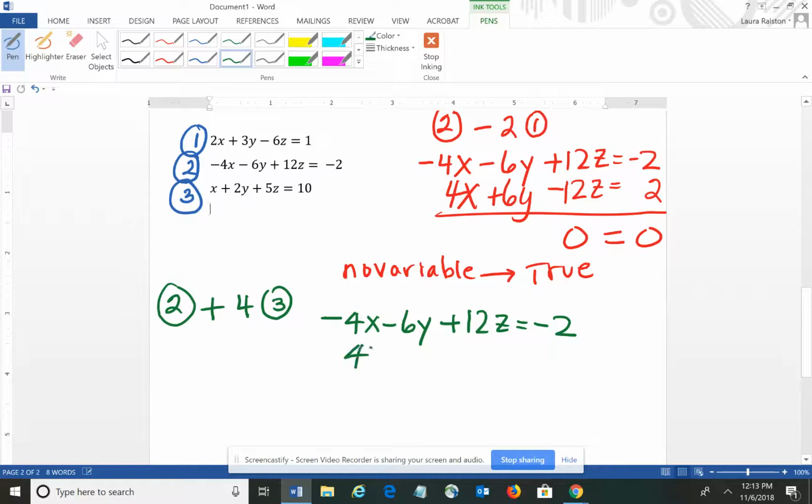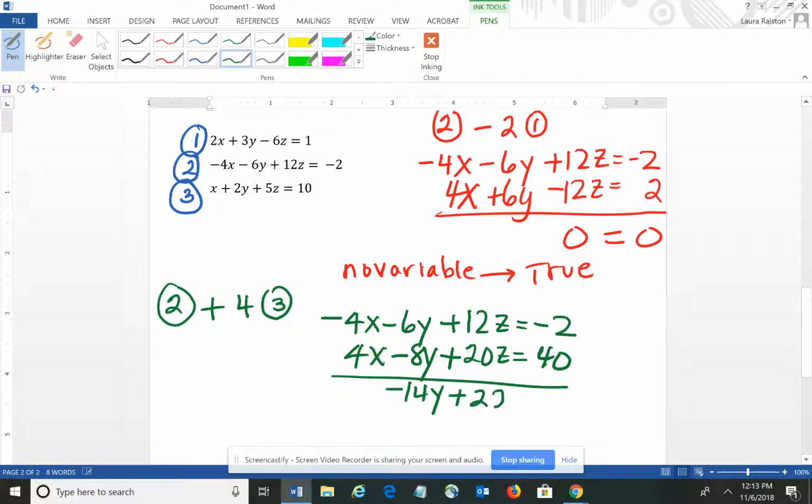And then I would have 4x minus 8y plus 20z equals 40. And I get negative 14y plus 22z equals 38.